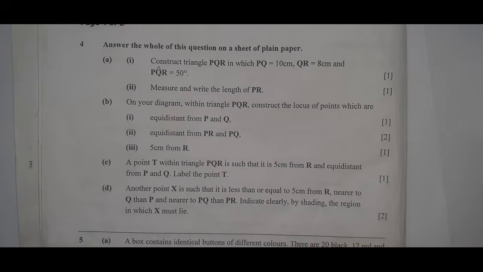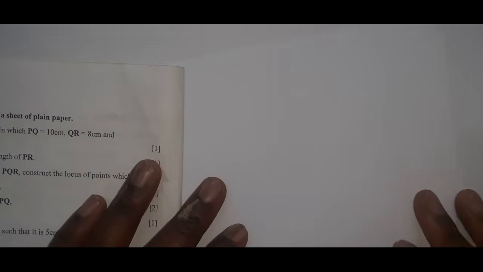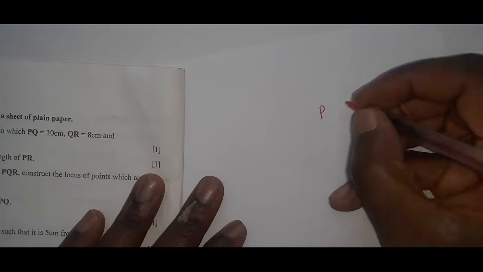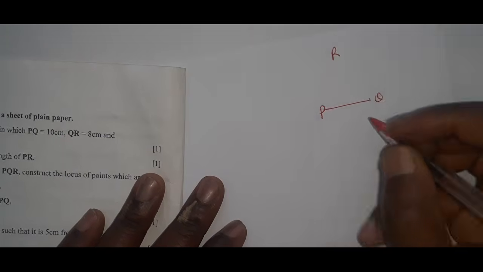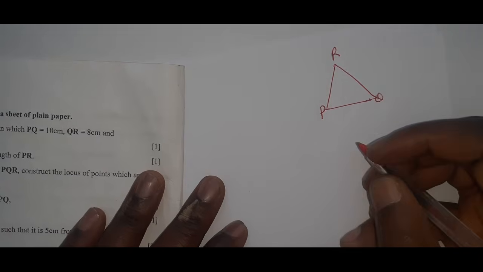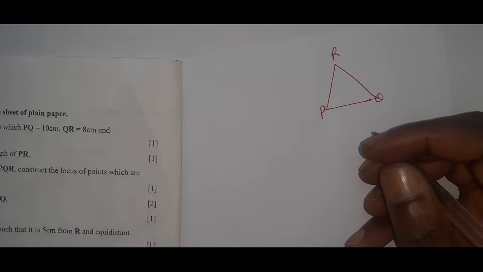Okay, so let us start. We need to have a sketch here. The sketch is P, Q, and R here.